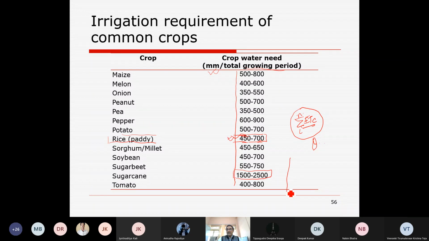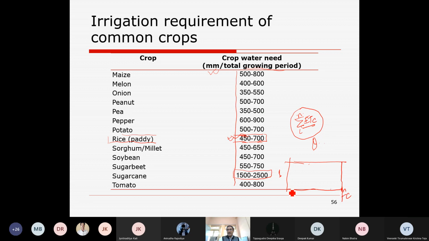If you recall, I plotted a graph like this, from field capacity level, not saturation. Yield is supposed to be maximum here, we can say 1 is the maximum.